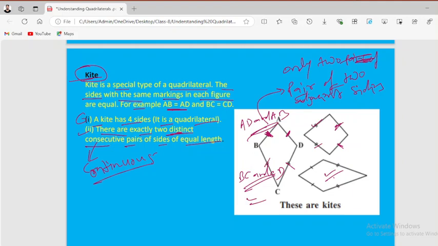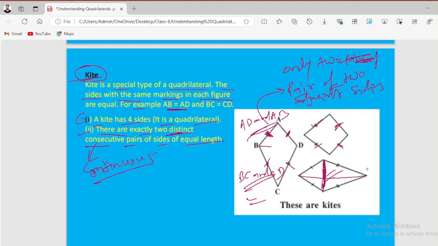Now if you want to discuss the diagonals, this is a diagonal and this is also a diagonal. In this figure, the diagonals intersect each other at 90 degrees.